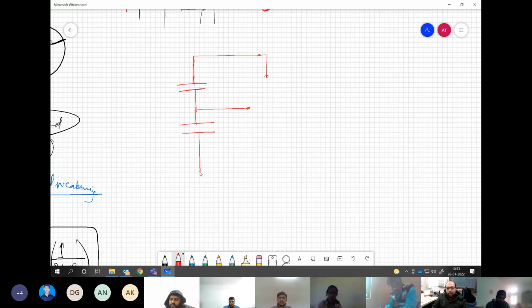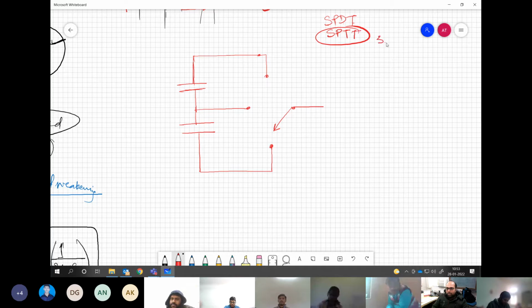We need one more point for connection of the pole. So what we had as single pole double throw, now it becomes single pole triple throw for the 3-level. So now we have 3 options for this pole R: R1, R2 and R3.